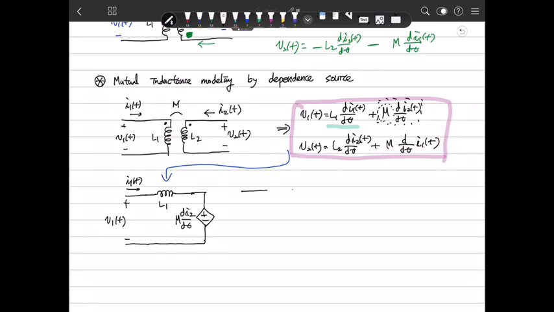In the same way, we make a voltage terminal V2(t), and we define the current direction as I2(t). Then we have inductor L2 here, and a different voltage source here, plus minus. This is M d/dt I1. So using the dependent voltage source, we can model the coupled inductor in this manner.